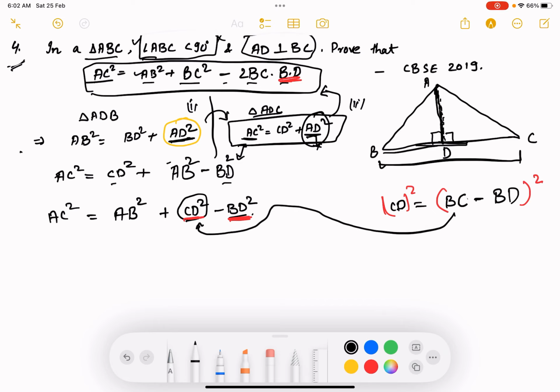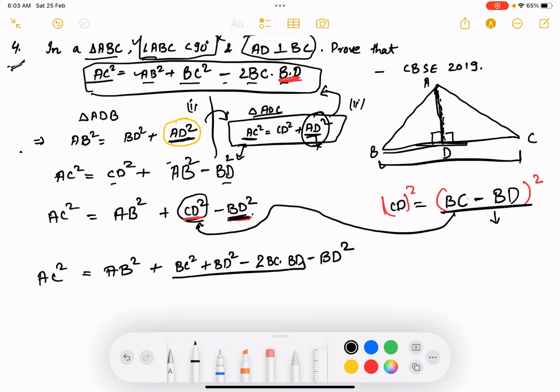So we have AC square is equal to AB square plus CD square. Opening this, we have BC square plus BD square minus twice of BC into BD, then minus BD square.